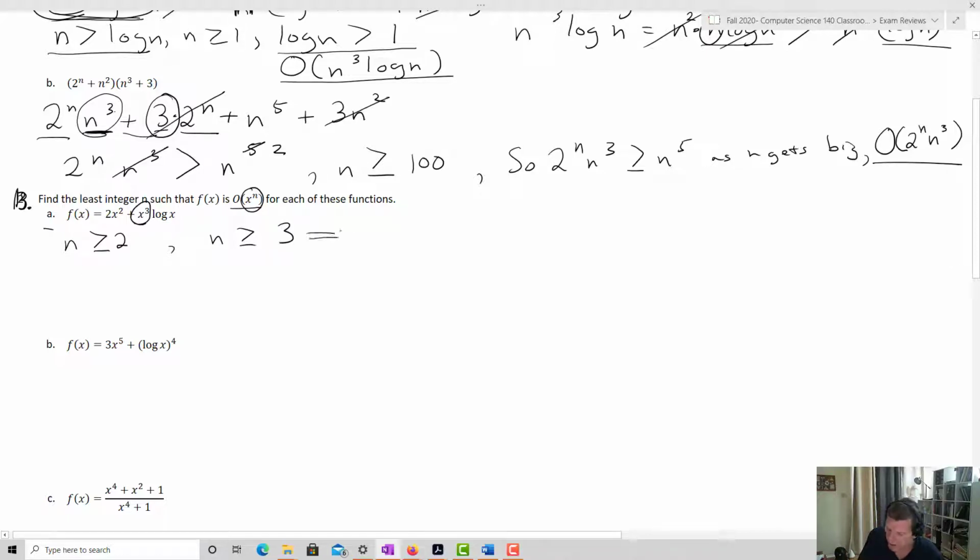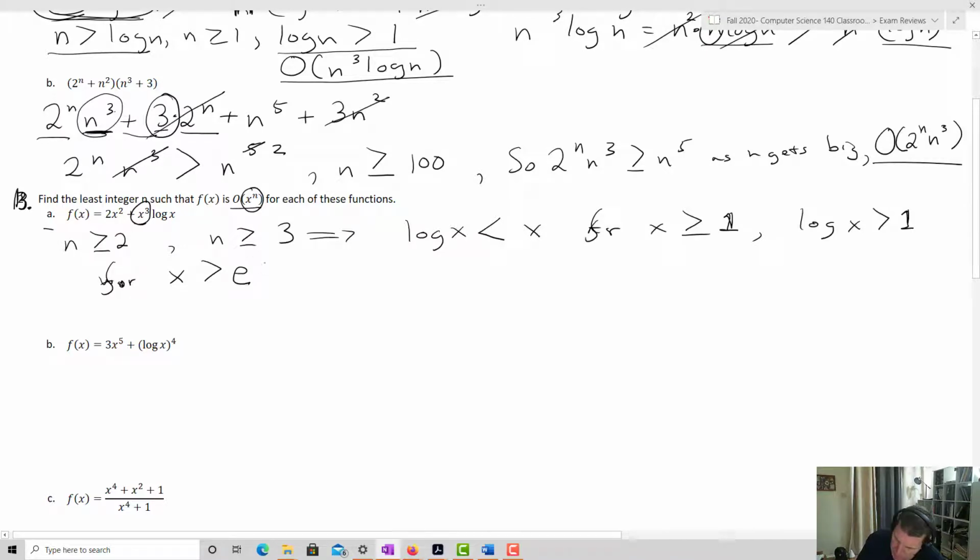So again, log x is less than x for x greater than or equal to 1, but log x is actually going to be greater than 1 essentially for x greater than e, which is less than 3.